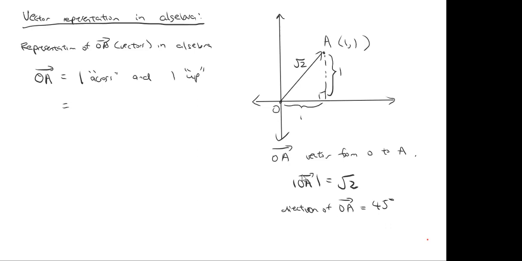So, 1 unit across, we call this red thing, 1 unit across, a base unit vector. And we normally give it the letter I. So it's 1I and also 1J.